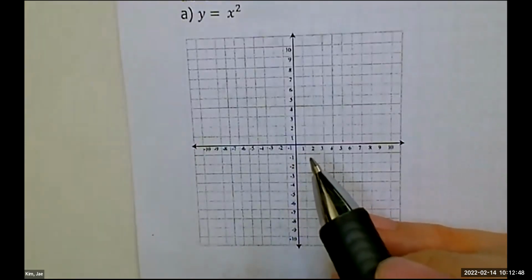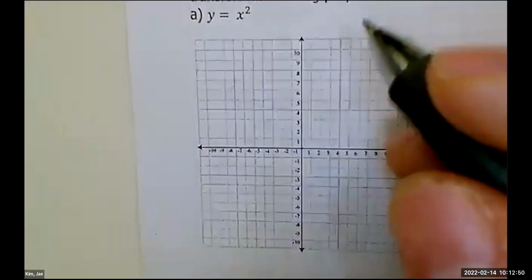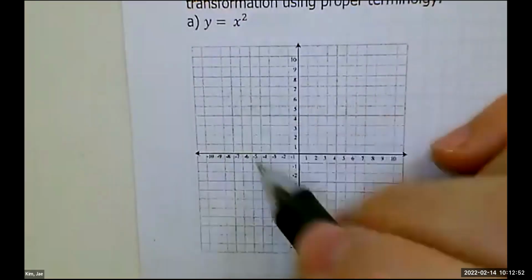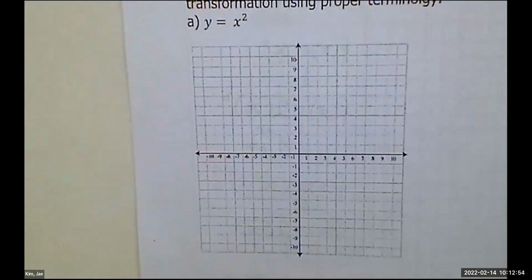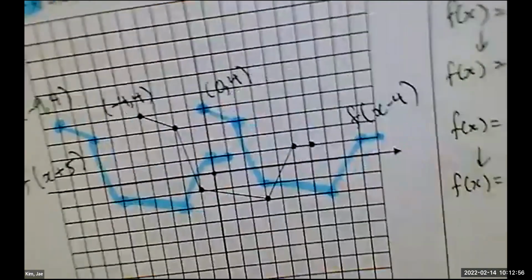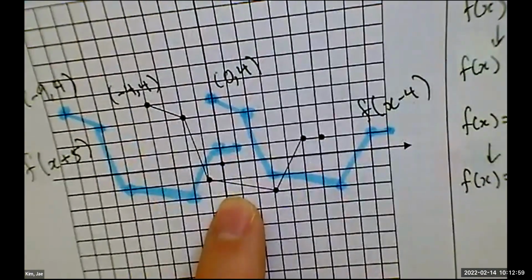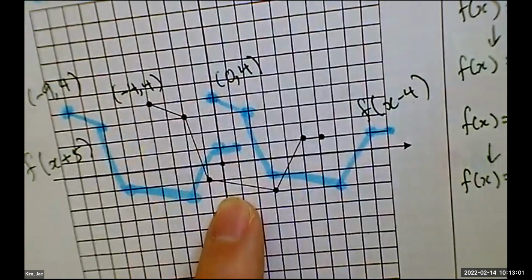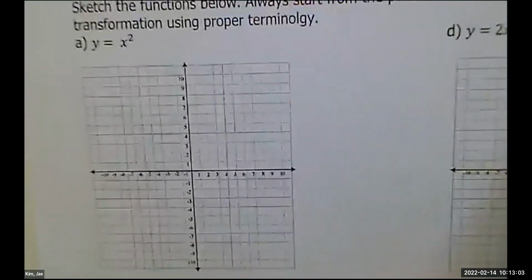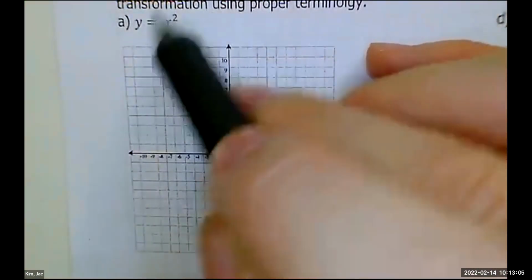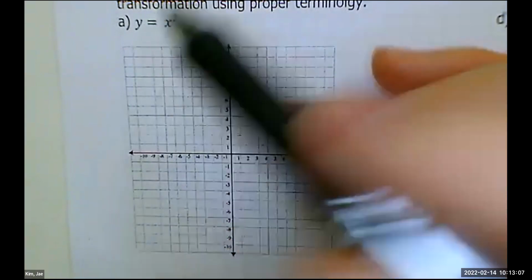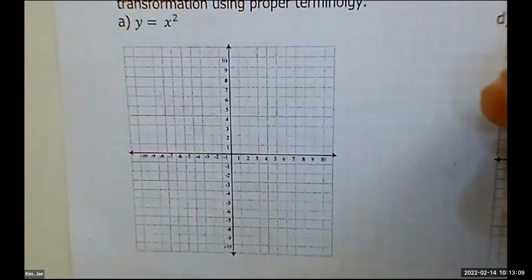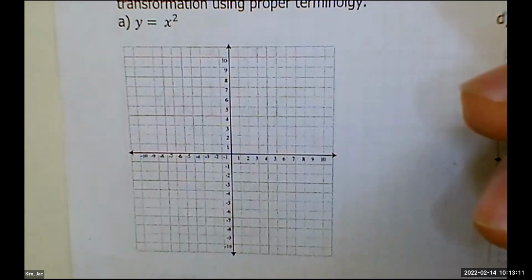Everything is x to the power of 2, which means we all came from this parent function. In pencil, or very lightly using dotted lines, I would like you to always start with this parent function to begin with. Remember all of our examples, we always started with the original function. That has to be done for the parabola as well. So remember, draw the parent function. Some of you are asking, well, I don't know what the parent function looks like. You already do.